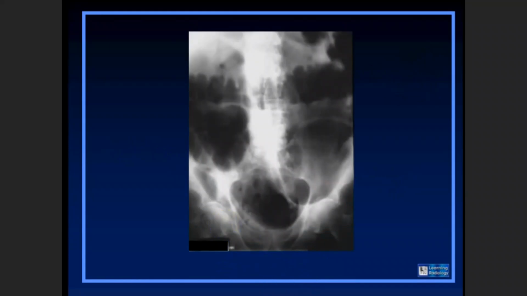Moving to next. Here we have dilated large bowel. What else? If you notice here, the largest portion of the colon is dilated in the anatomical position of the sigmoid colon.